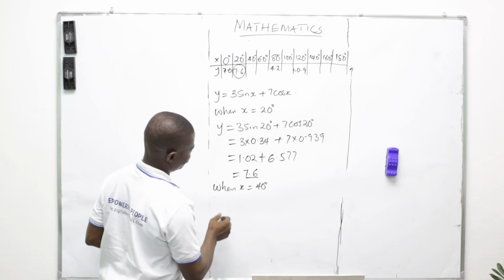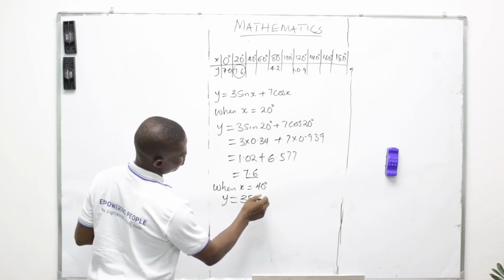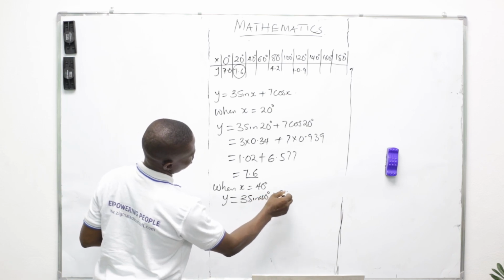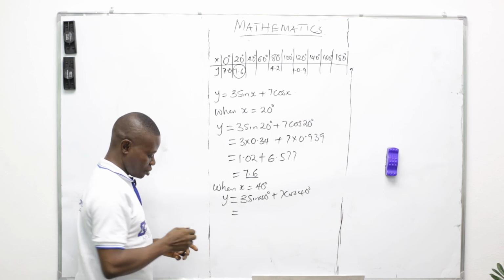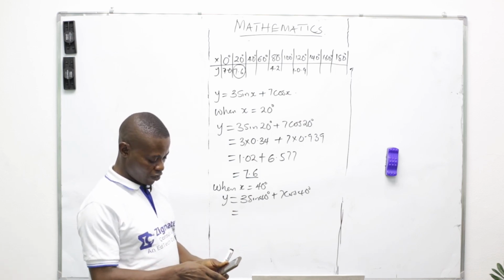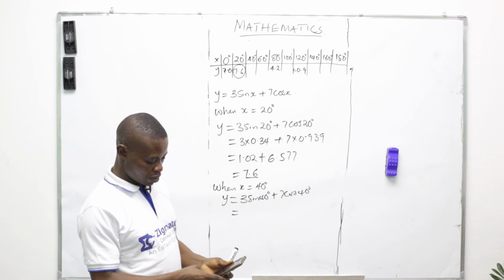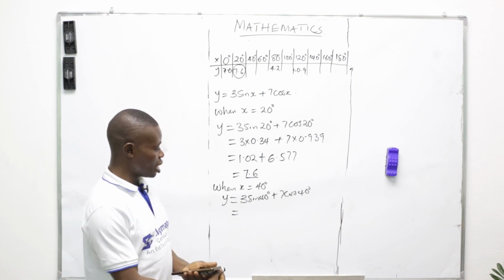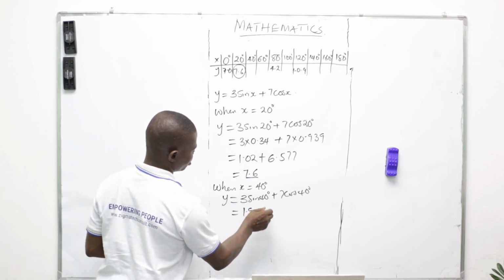Now, when x is 40 degree, y equals 3 sine 40 plus 7 cos 40 degree. Sine 40 times 3 gives 1.928.